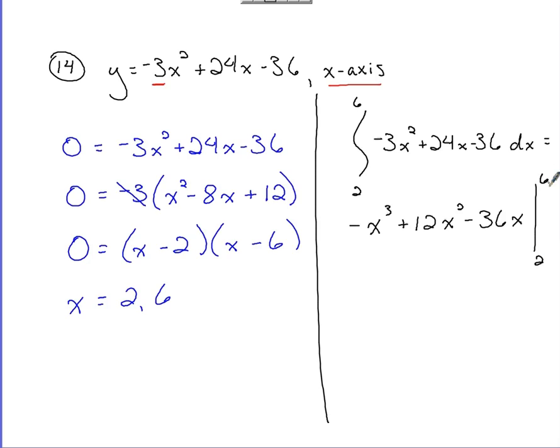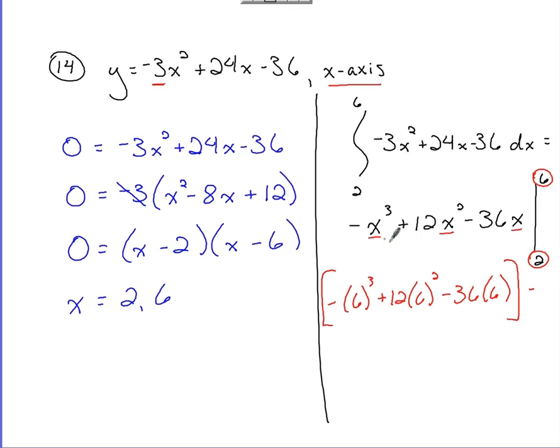So as we've been doing all along here, take this value here, plug in for x. Negative 6 cubed plus 12 times 6 squared minus 36 times 6. We'll get whatever that is, and then we will subtract.